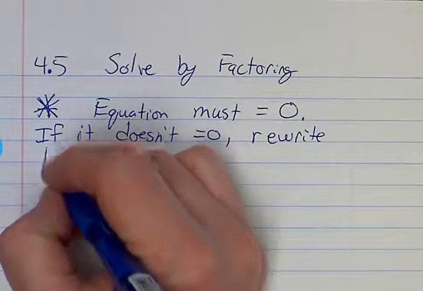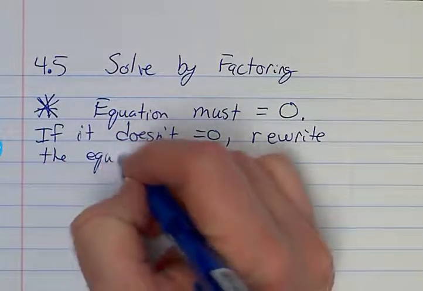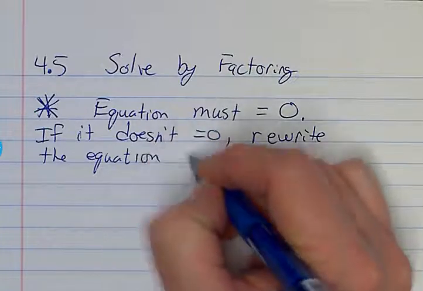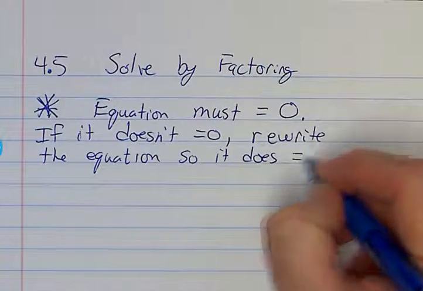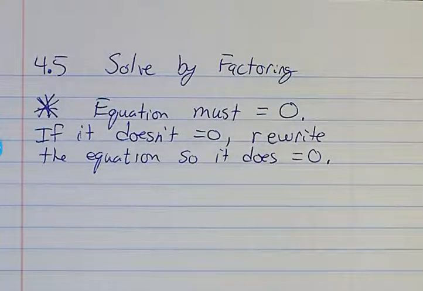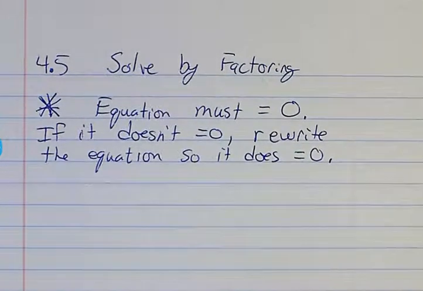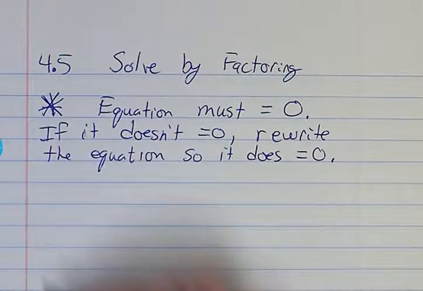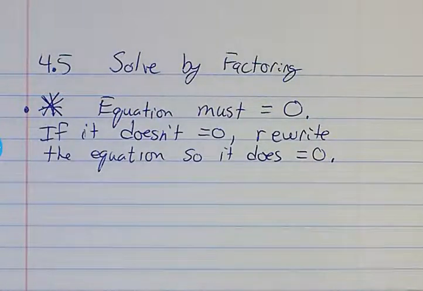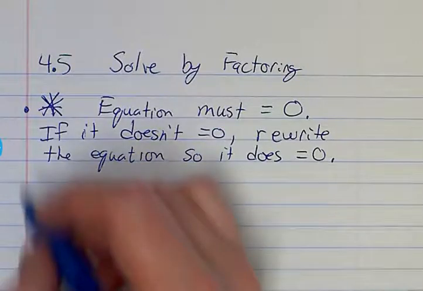Just rewrite the equation so it does equal 0. Okay, and that's the first bullet thing, is just to make sure it equals 0. If it doesn't, then rewrite it so it does equal 0. So that's the first thing you're going to do for all these problems.